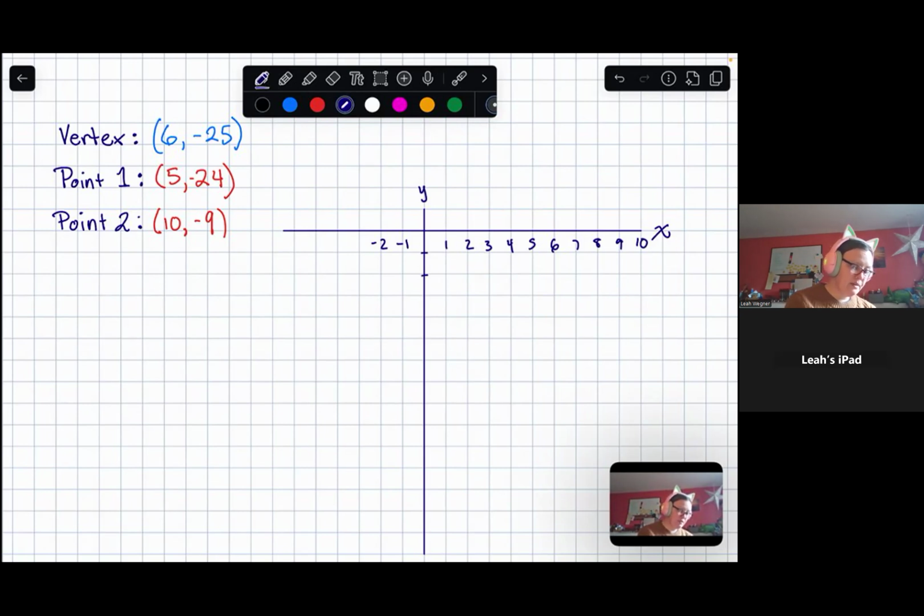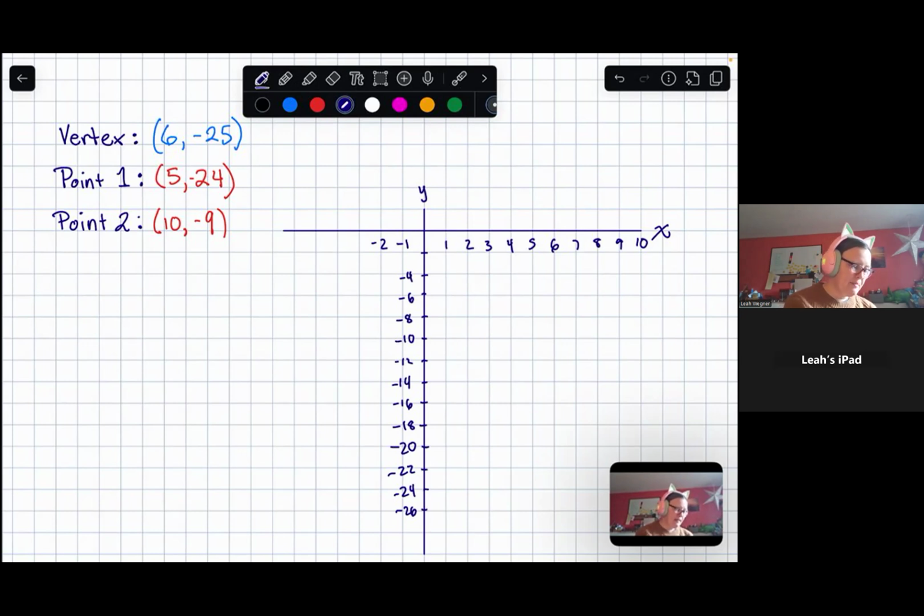Negative 2, negative 4, negative 6, negative 8, negative 10, negative 12, negative 14, negative 16, negative 18, negative 20, negative 22, negative 24, negative 26. Oh yes, I will make it just fine.